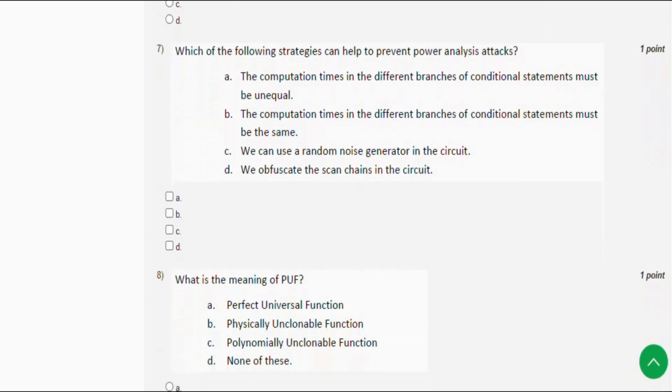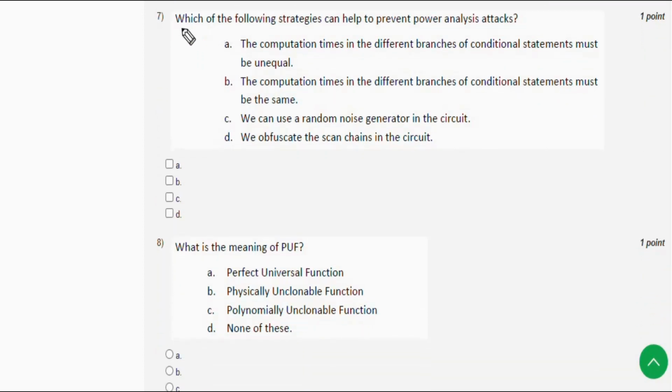Now get into question number 7. Which of the following strategies can help to prevent power analysis attacks? The options are: the computation times in the different branches of conditional statements must be unequal. That is not correct.